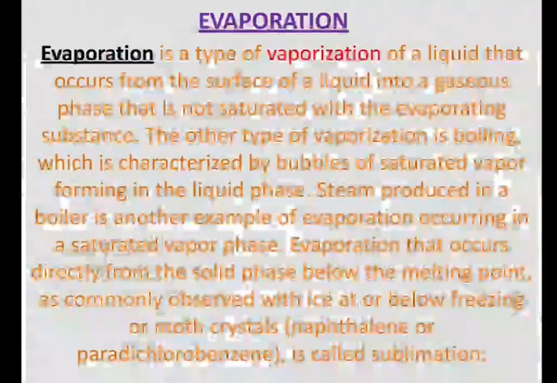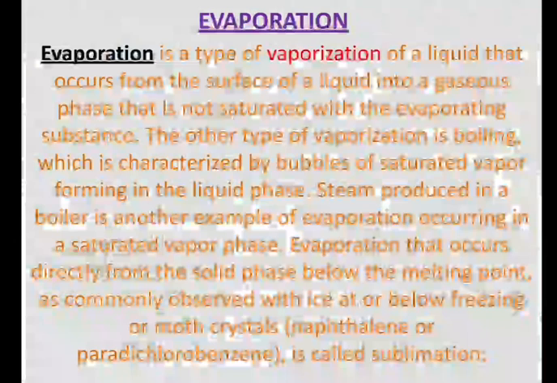So another method is evaporation. Evaporation is actually a type of vaporization of liquid that occurs from the surface of a liquid into a gaseous phase. In easier terms, it is the process of conversion of liquid into vapor form.